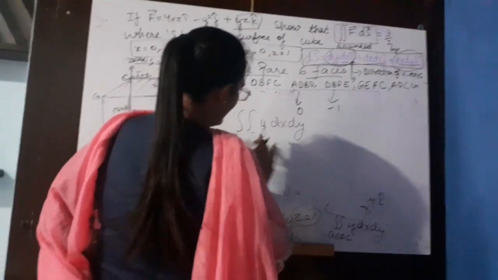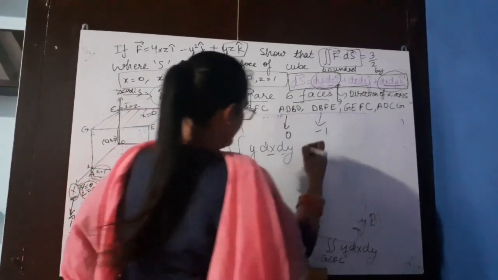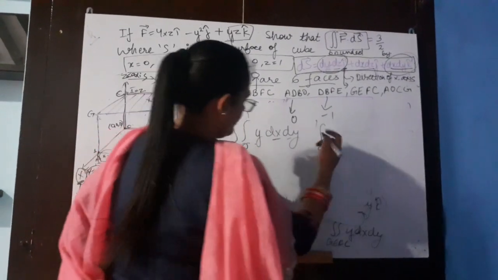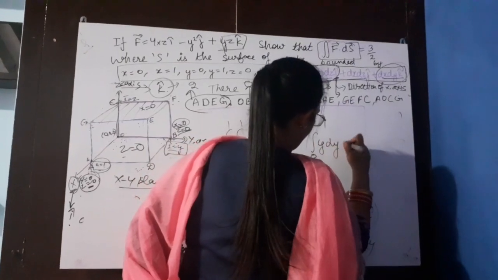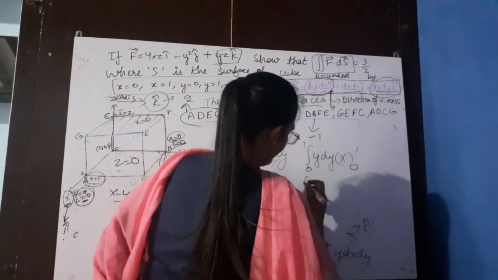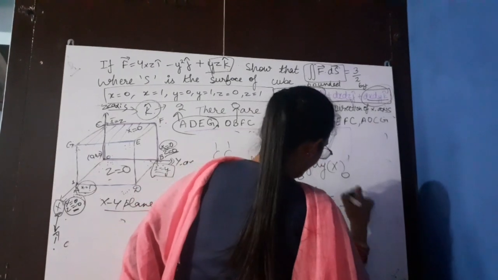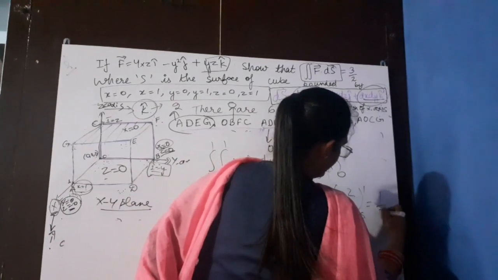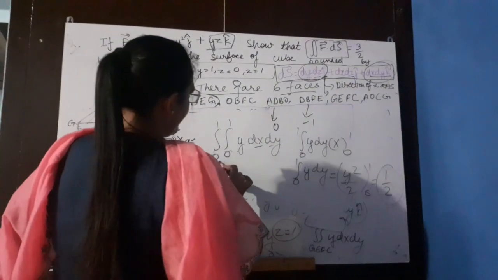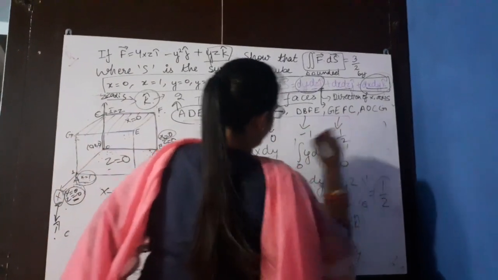As x varies from 0 to 1 and y varies from 0 to 1, first we integrate with respect to x, and get x from 0 to 1, which gives 1. So we are left with y dy. When we integrate this, we get y square by 2 from 0 to 1. So the answer is 1 by 2. So the surface integral of the face GEFC is equal to 1 by 2.